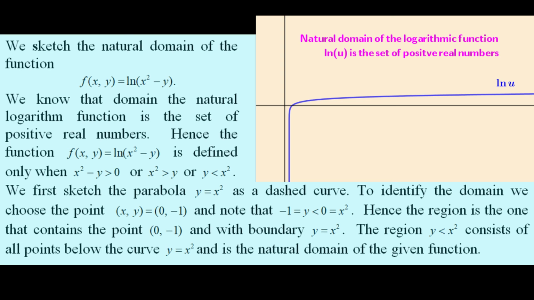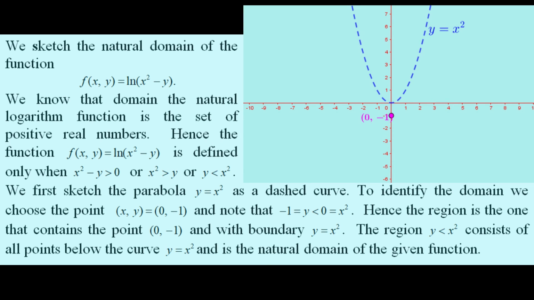Hence, the function f of ordered pair xy is equal to ln of x square minus y is defined only when x square minus y is strictly greater than 0, or x square is strictly greater than y, or y is less than x square. We first sketch the parabola y is equal to x square as a dashed curve.